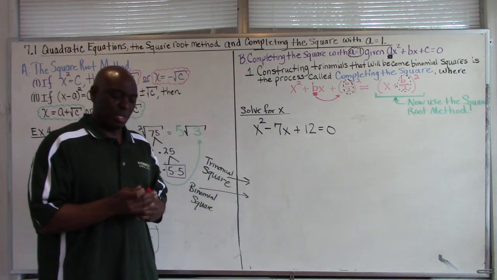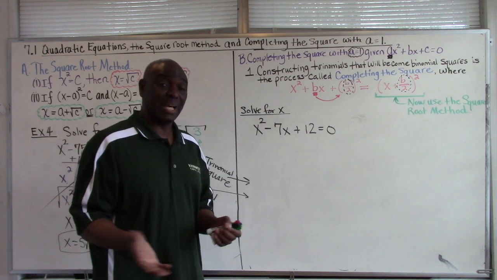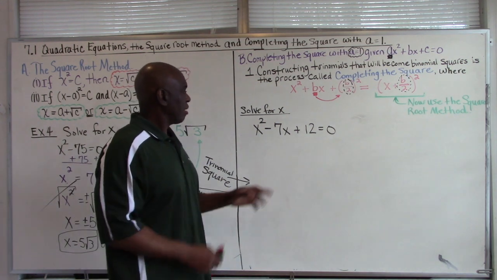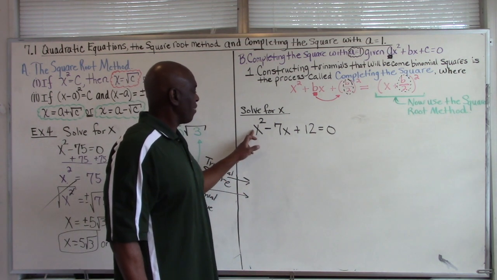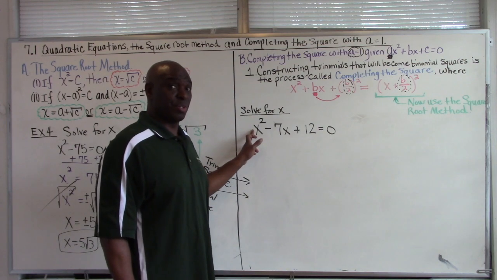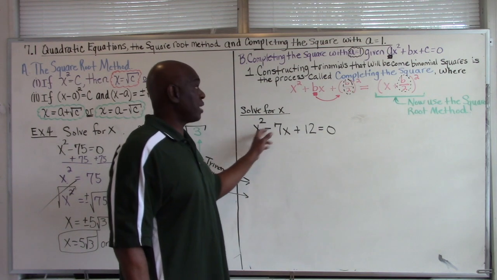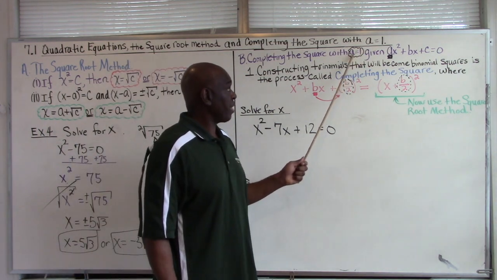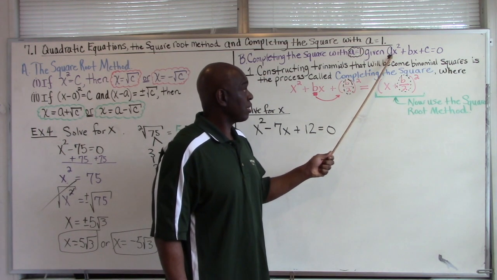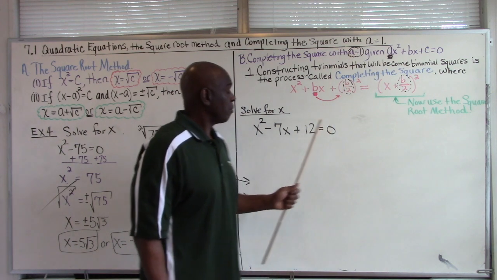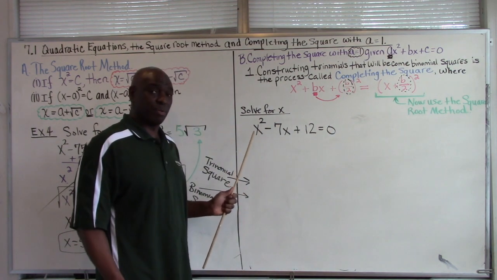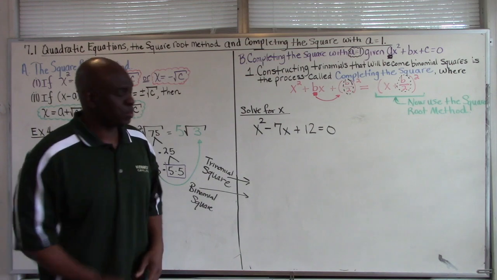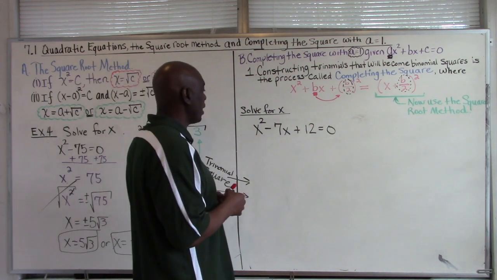The good news with this example is that we already have a 1 here. See, that's a 1 right there. So that satisfies our condition with a equaling 1. So we're good. Since we know a is already 1, let's go ahead and move to 12.